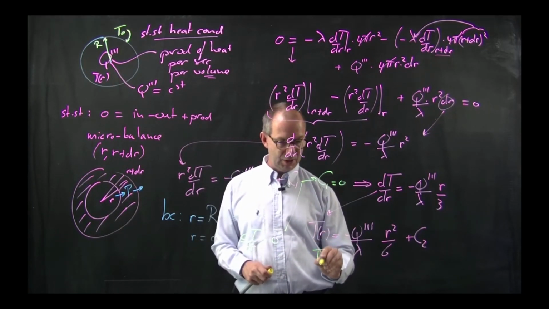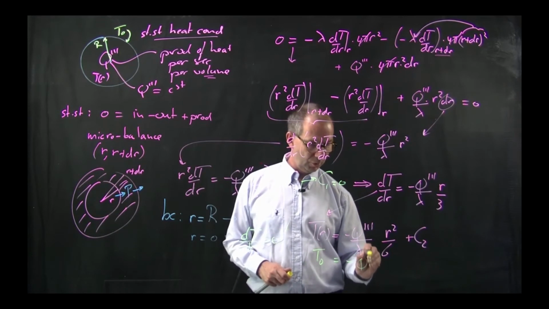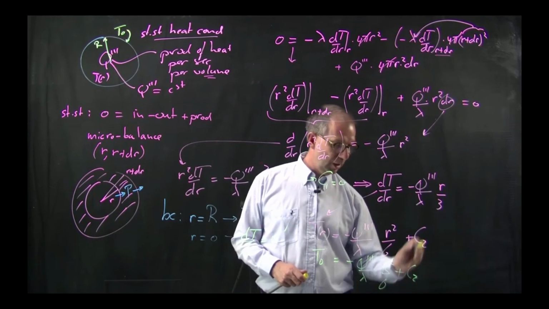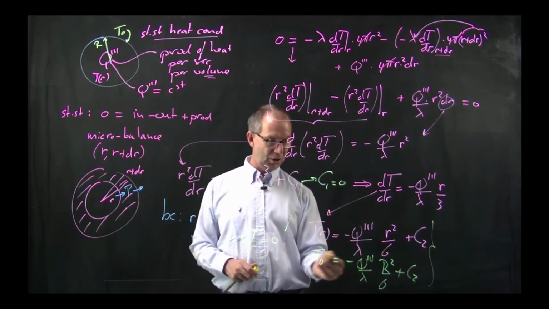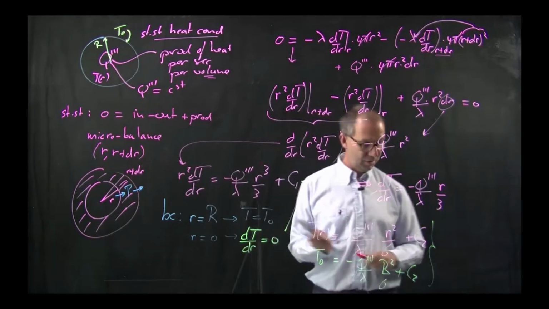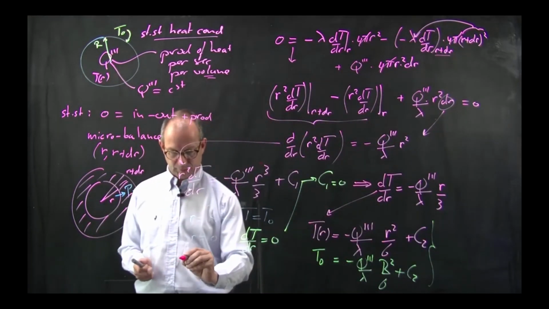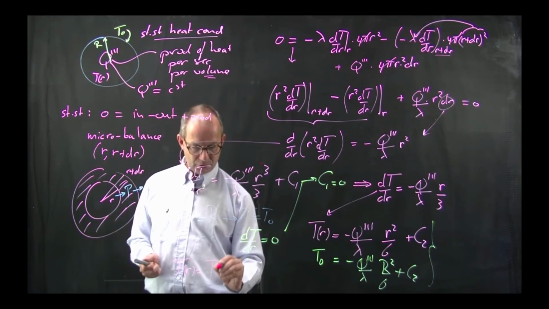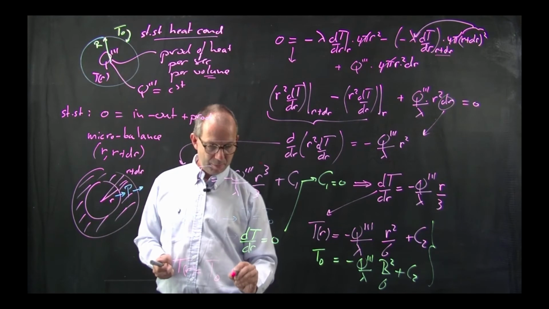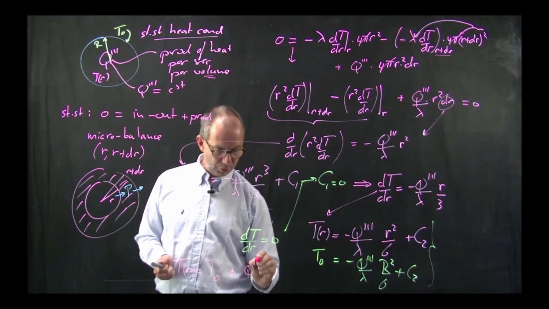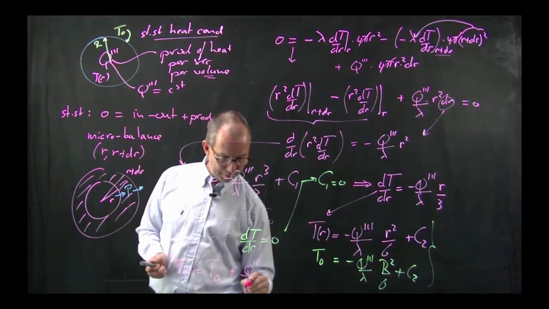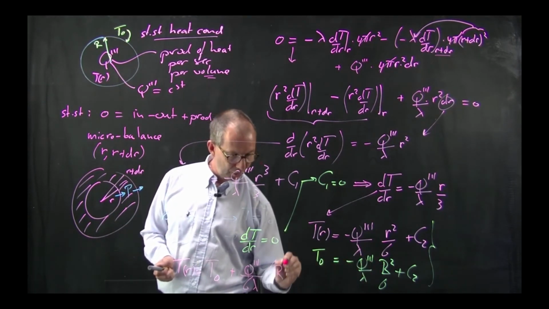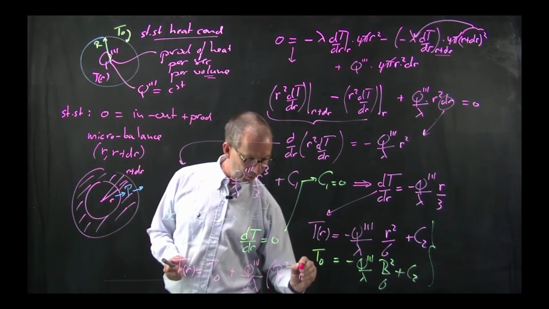If I plug that in, T0 equals minus q123 over lambda r cubed over 6 plus C2, and thus you read off C2 as T0 plus this, and I can write T(r), my final solution, equals T0, temperature at the boundary, plus q123 over 6 lambda multiplied by capital R cubed minus small r cubed.